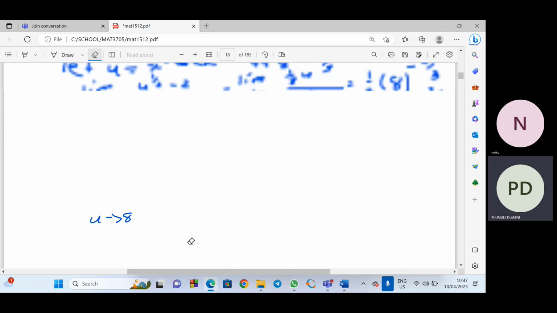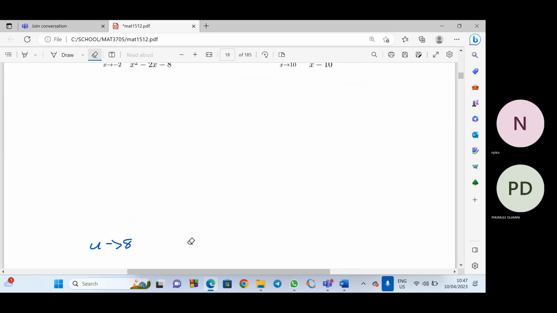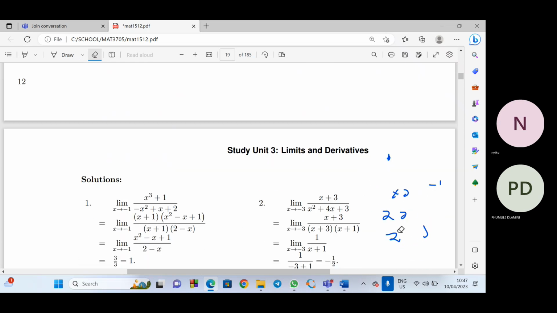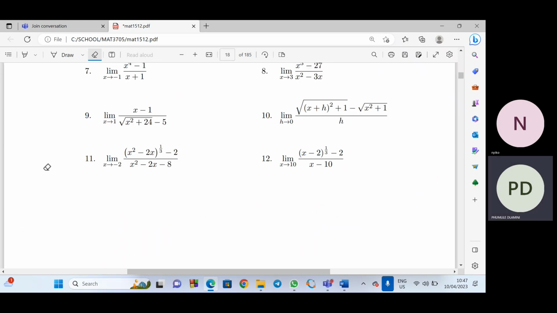In this equation here, we can differentiate what is inside there. It can still be a limit when x approaches -2.